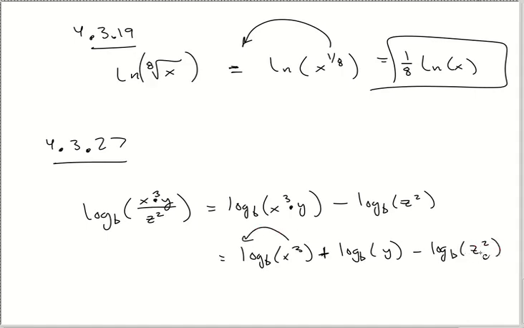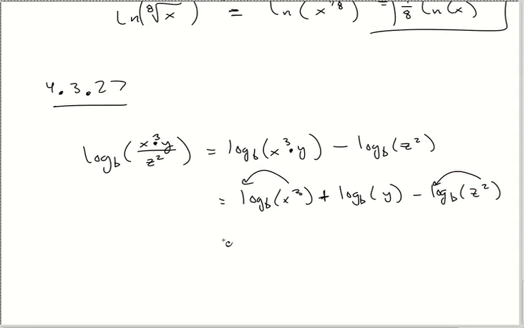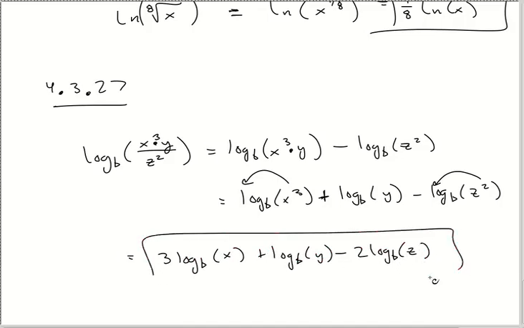Oh, I've got powers. I could move those down to the front of those. Oops. Let me just rewrite it over here, I guess. Kind of crunching myself all the time. And that is a 3. I don't know why I keep writing a 2. It's probably because of the 2 way over there. Okay. And yes, you got to put a base B on every single one of them. Whew. All right. That takes a long time.